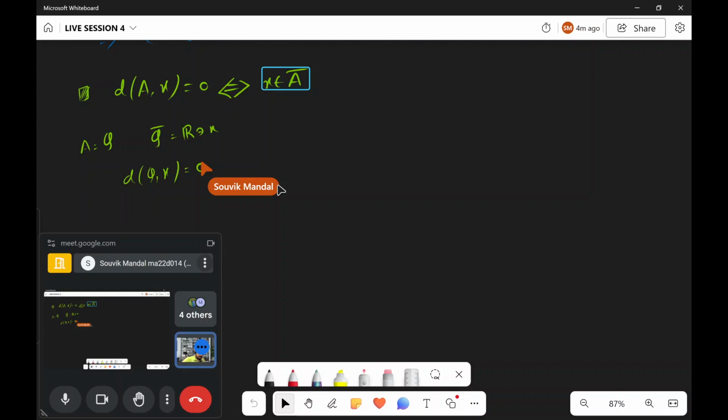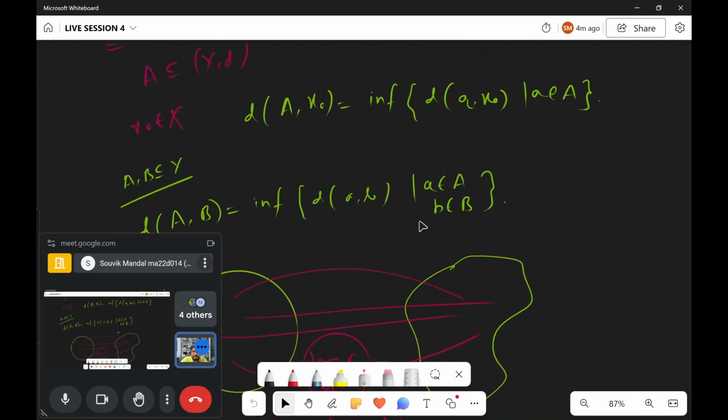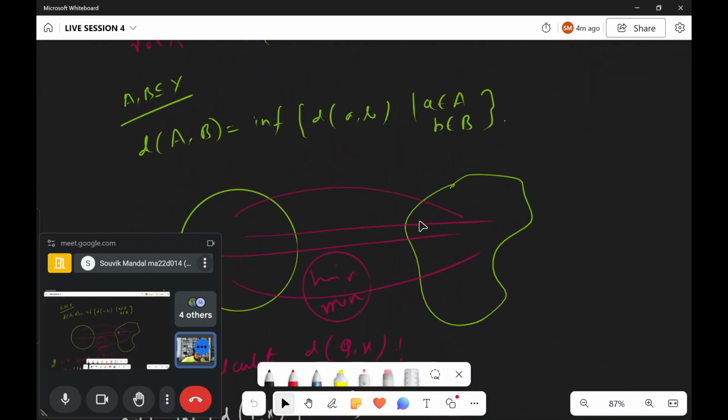So now let me open the next question. We have defined this notion of distance between two subsets.